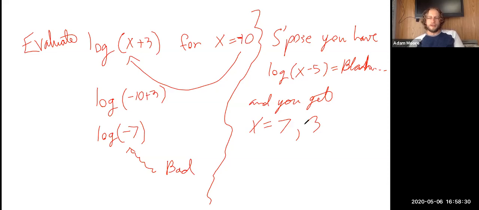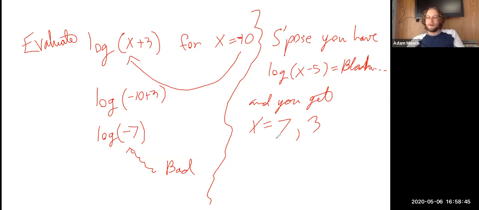Neither is negative, so it might seem like you're fine. But remember, it's not that the numbers are negative, it's that by the time you log them, they are negative. That could be a problem.